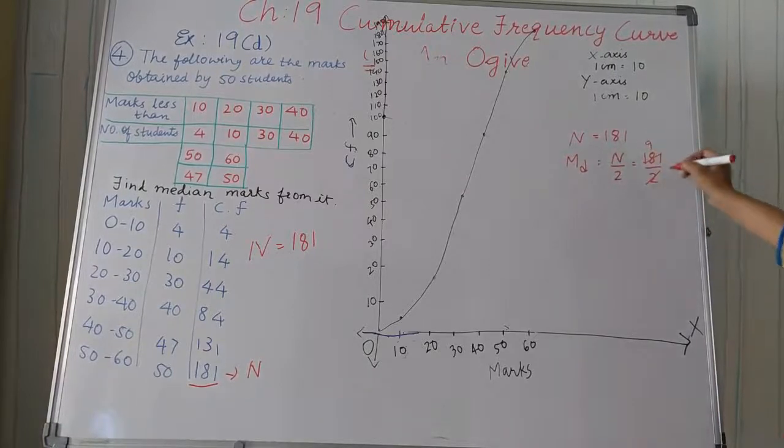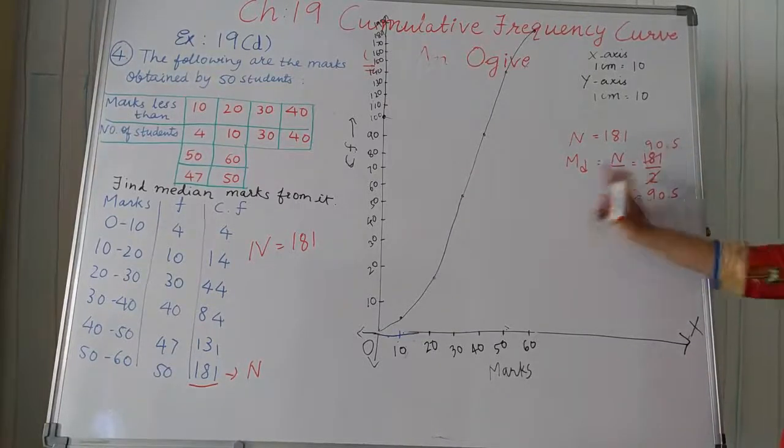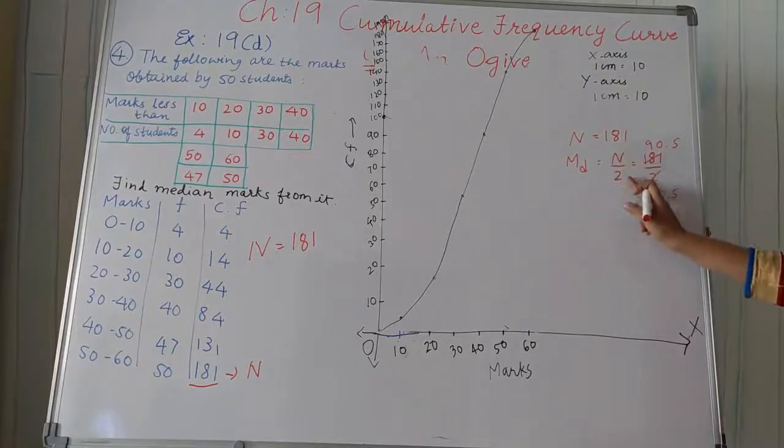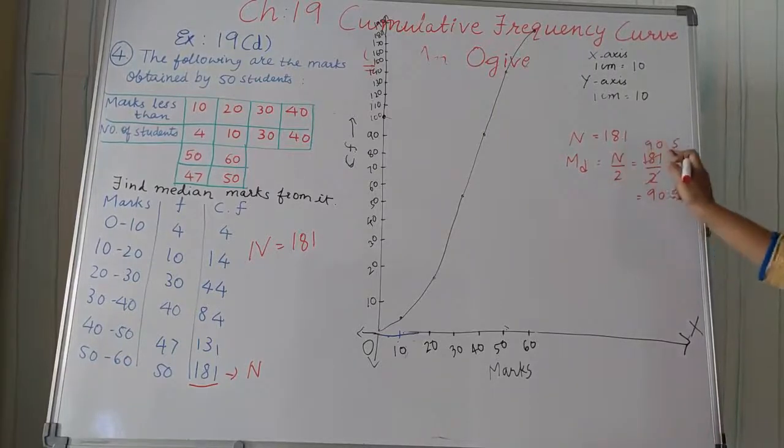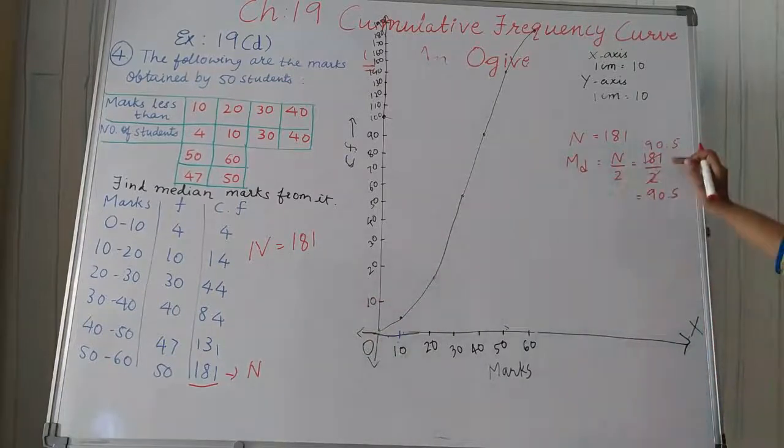So 2 9s are 18, zeros, and 0.5. So 90.5 is the median value by the calculation. First we have to find it like this, using median equal to n by 2, where n means 181, the value we found at the last of our cumulative frequency table, divided by 2. So I get 90.5. Right.